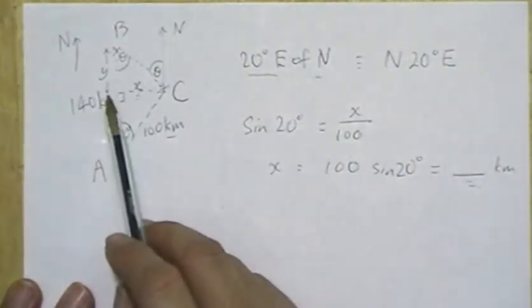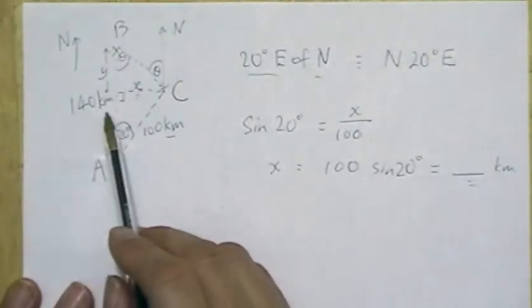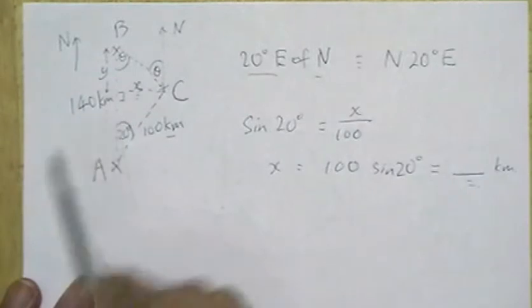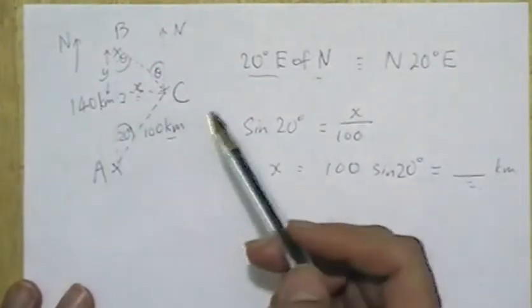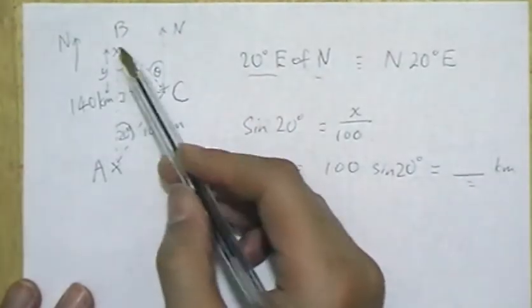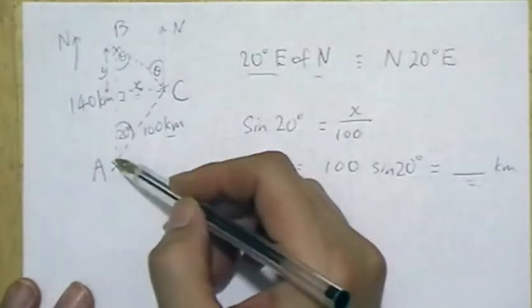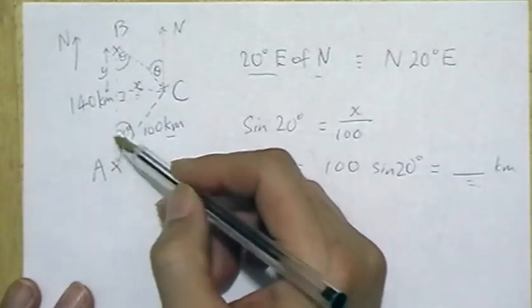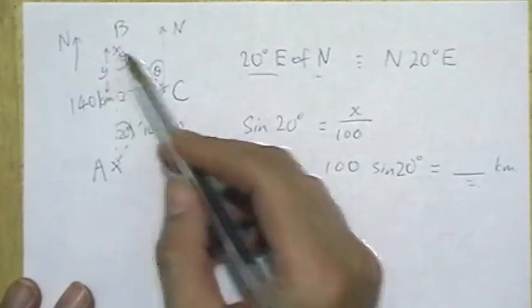Now I know that the distance from A to B is 140 kilometers. I want to find this distance y, and if I can find this other distance first, then I would be able to find y.